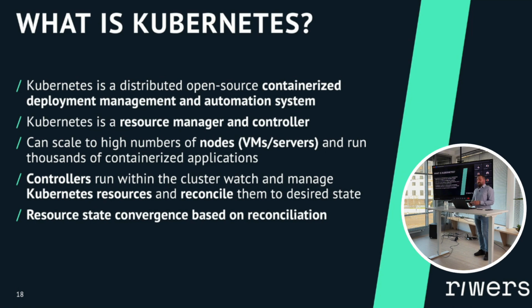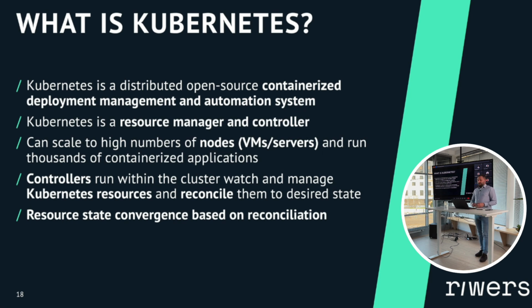It's very extendable and it can be used in cases way beyond deployment of applications. What's the very important part? It can scale to a high number of nodes. So basically you can create vast infrastructures and you can run thousands of containerized workloads.